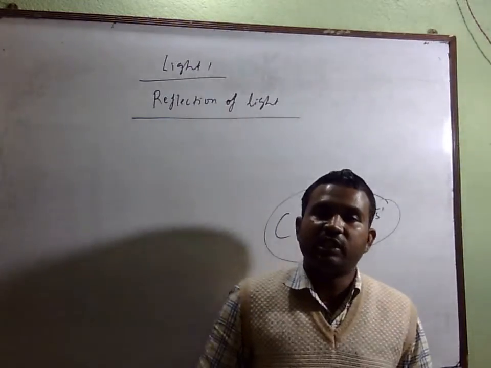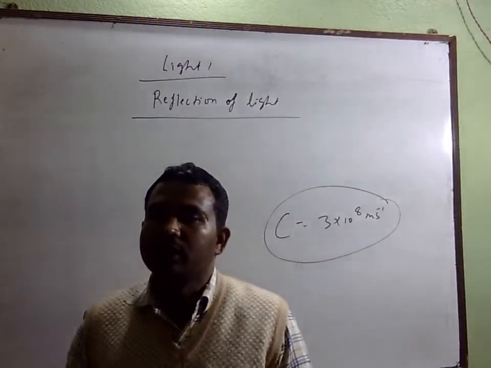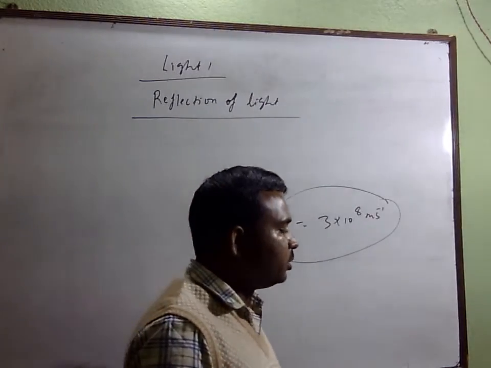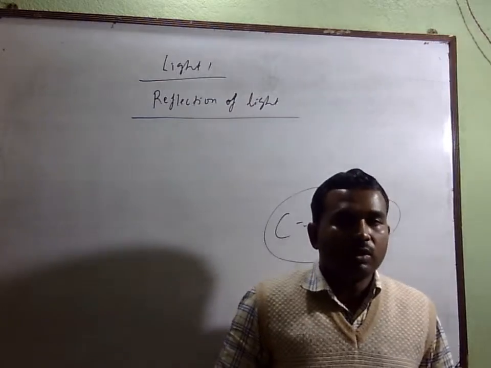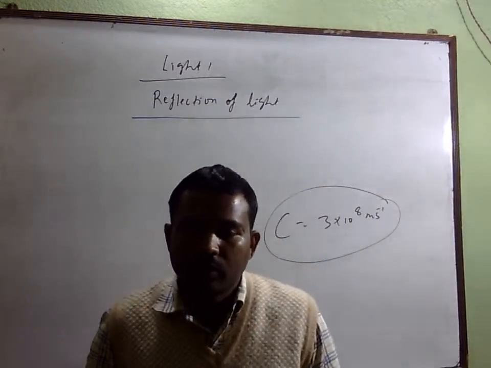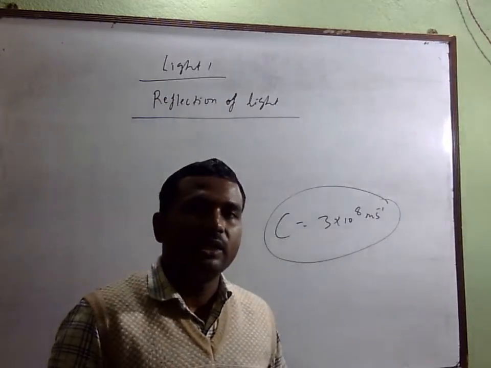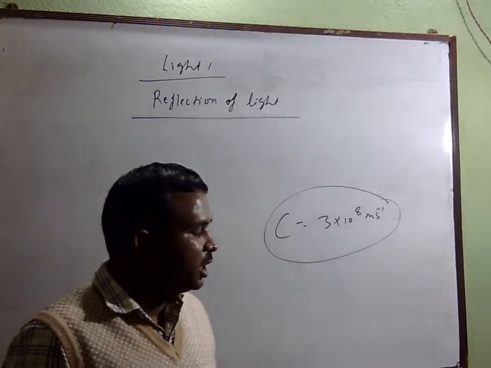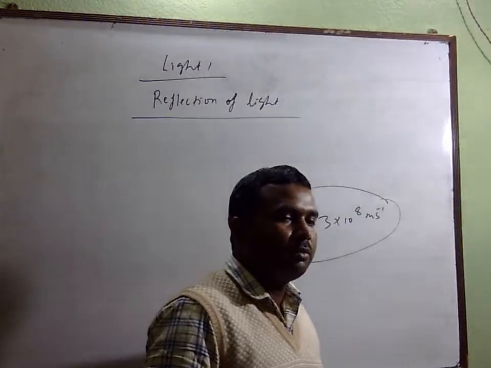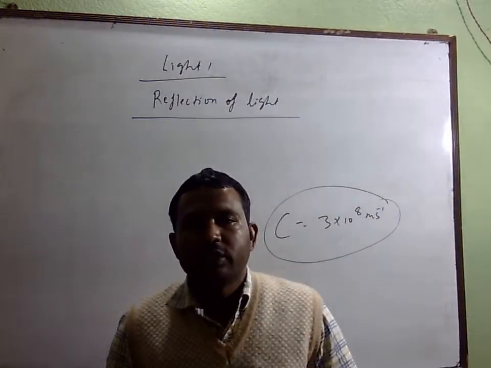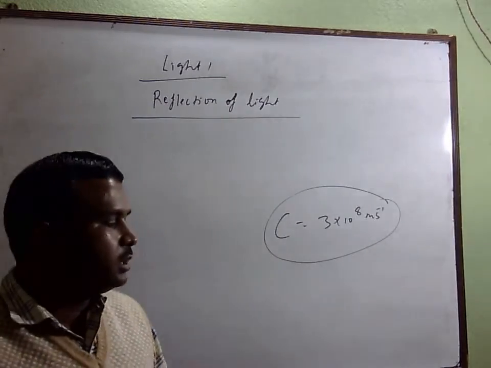You know that with the help of light we can see. At night, if there is no light, what can we see? We can use artificial light like a lamp, a bulb, or any source of light through which we can see. But light is important.